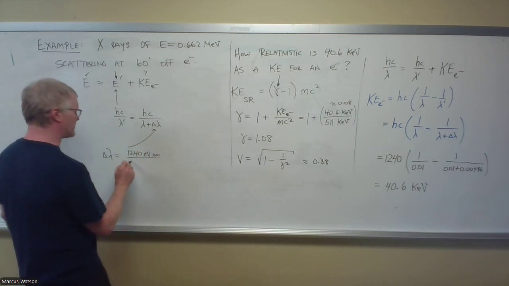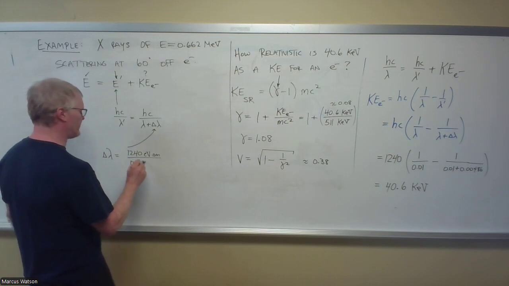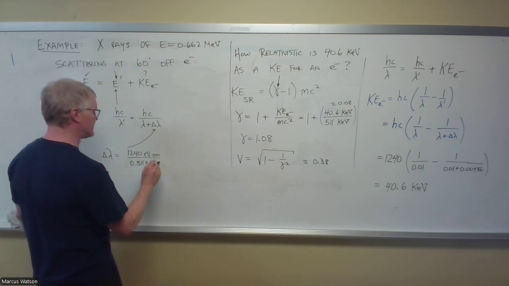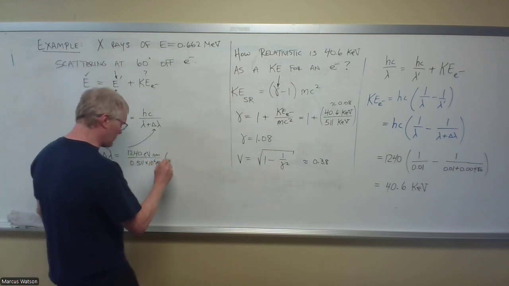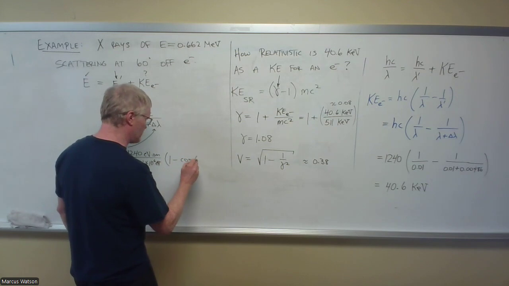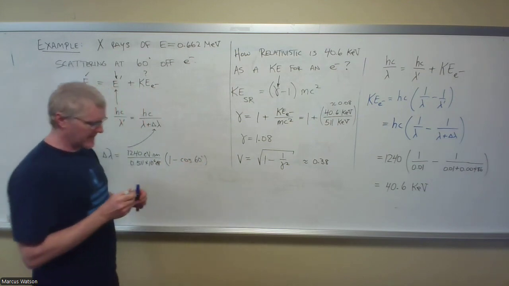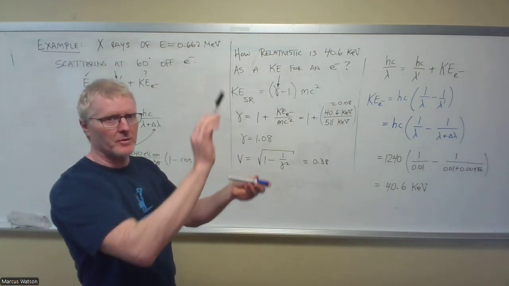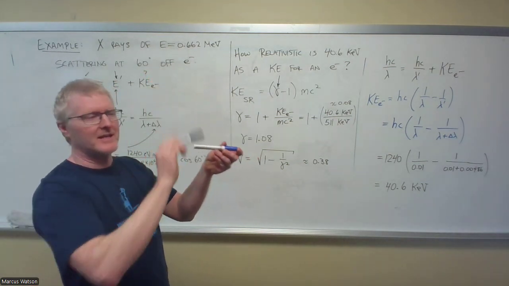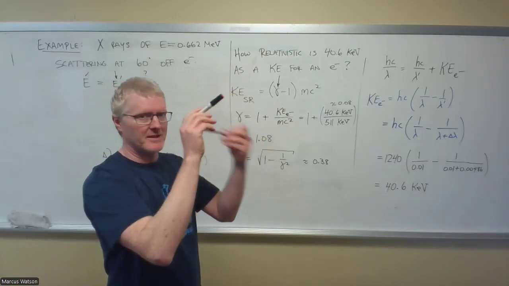We're scattering off electrons, so we're doing 0.511 times 10 to the 6th eV. And we're going to multiply by 1 minus cosine of 60 degrees, since the scattering angle of the photons is 60 degrees. In other words, they come in like this and pop up. They're not going at 90, they're going at 60, and the electron's getting kicked off this way.